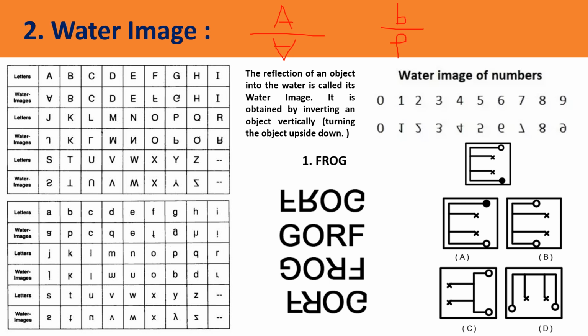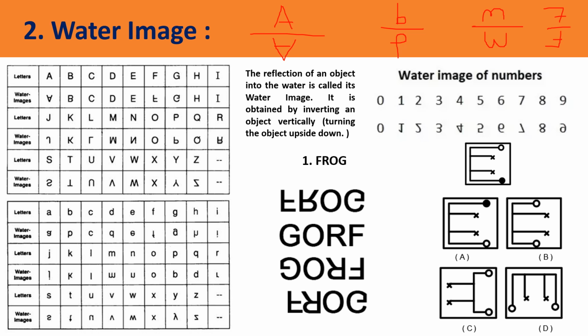Then your small m will look like this. Also, if we give the number 7, the number 7 will look like this. Basically the reflection of an object in the water is called water image. It is obtained by inverting an object vertically, turning the object upside down.